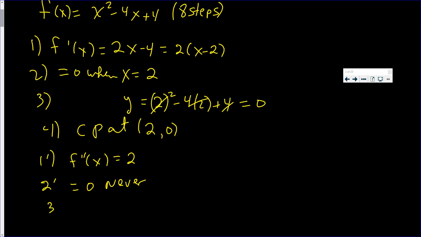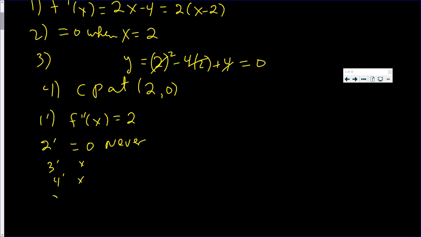So for 3 prime and 4 prime, you don't have to do anything because we didn't find anything in the earlier steps. And one last step is to calculate f of 0. It's going to be 0 squared minus 4 times 0 plus 4, which is 4. So we get (0, 4).